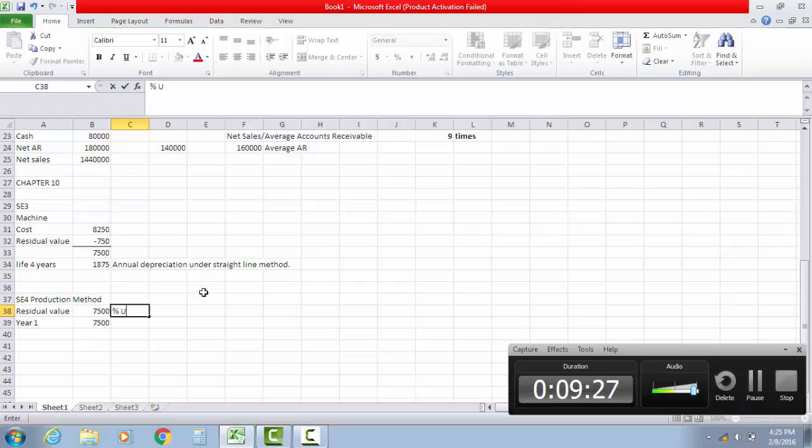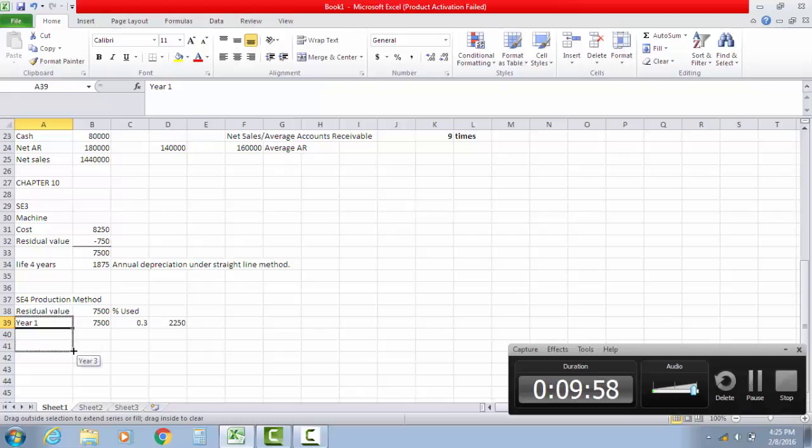The percentage used, we're going to calculate, is actually, for the first year, 2,400 divided by the 8,000 hours we believe we're going to use. So then the depreciation is 7,500 times the 30% that we're going to use. So year 1 depreciation is 2,250.